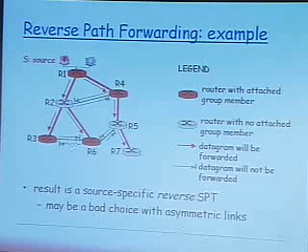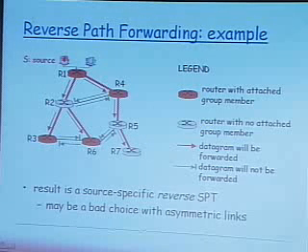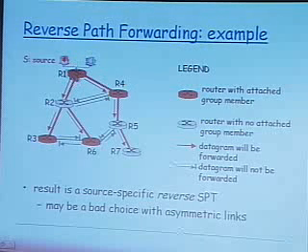So to look at this operation, we see here. Let's say the source is this node here, router 1. It receives the packet from S. Now the shortest path to S from router 1 is clearly this link. I mean, it doesn't have to use any other part of the network.